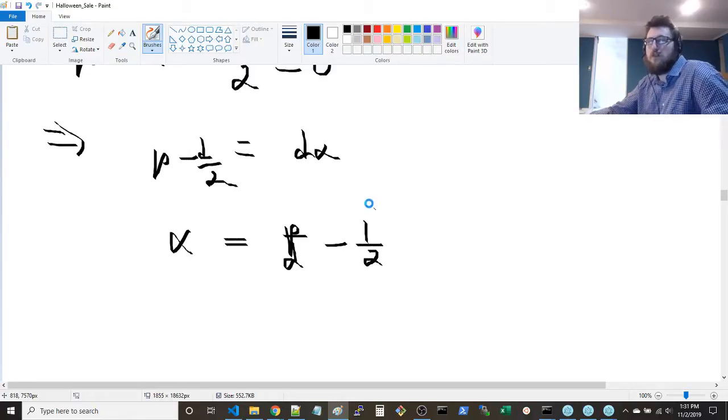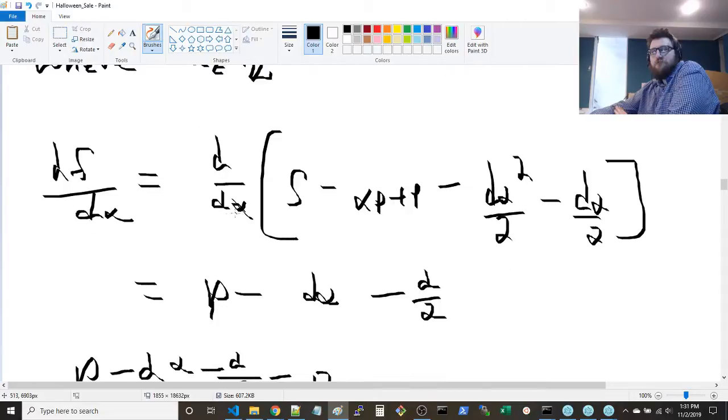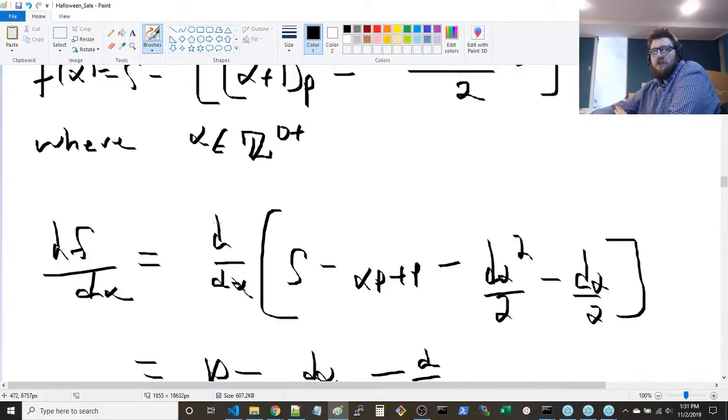Wow. So the minimum is going to be at p over d minus a half, because we know that this is a quadratic, which means it's going to look like this.